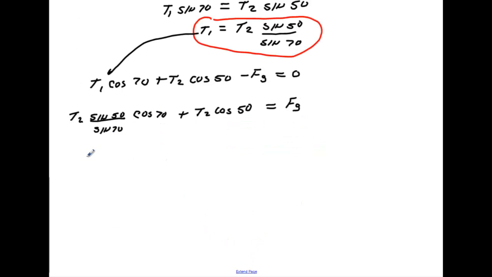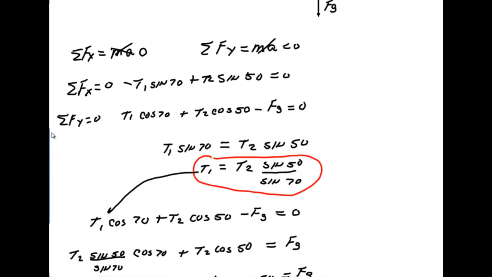Now we look at this, we could simplify. Again, I'm going into a lot more detail than what I normally would. Cosine of 70 over the sine of 70 is the cotangent. Okay, at this point, let's put the values back in and we can solve this problem.